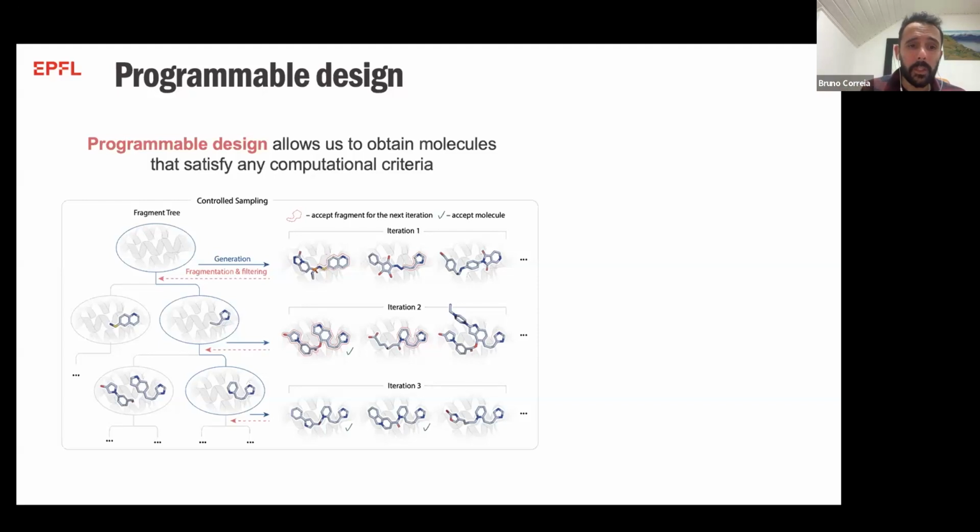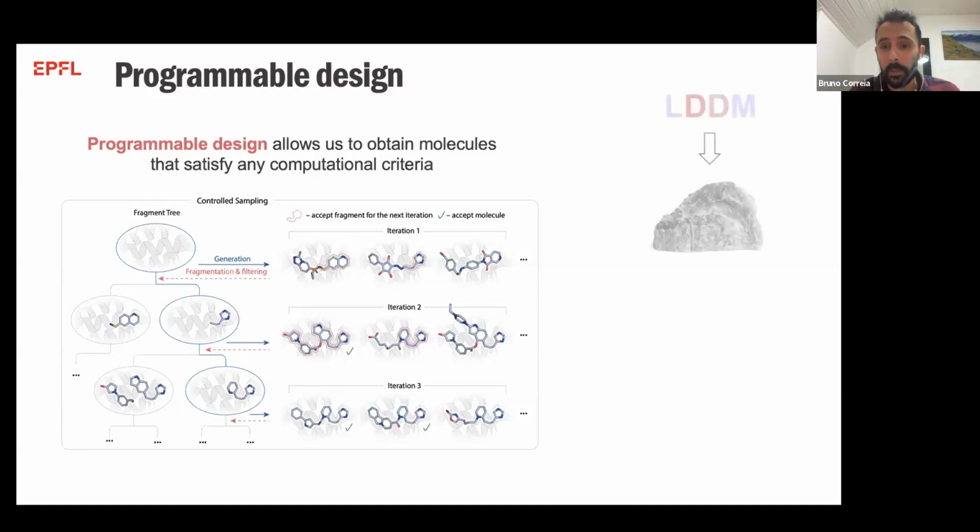The idea is that at every step, where they add one new chemical group into the molecule that is being generated, they check if in fact this is a move that is going to take us towards a molecule that we can finally test in the lab when the trajectory is done. So that's the principle of this idea.